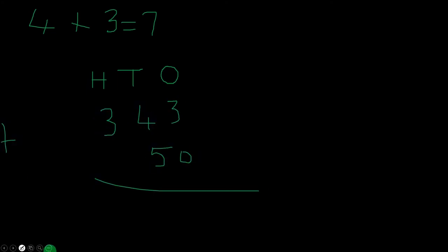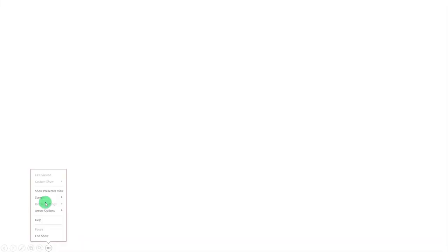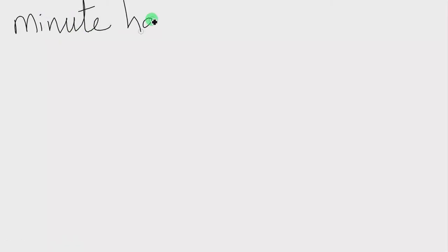To delete something, again you can go to the pen option, Erase all ink on slide. When you press that, everything will be deleted. Or if you want a white screen, choose the white screen option. You can choose a pen, and the same way you can use it.